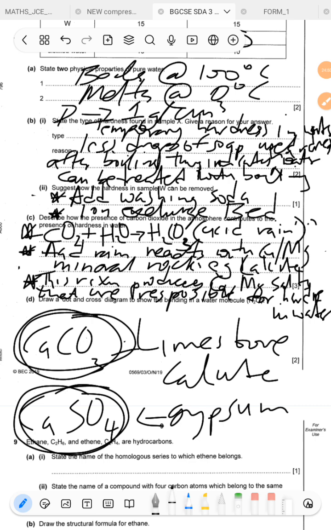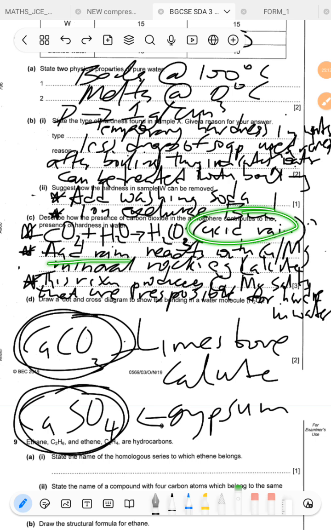The first step is that the carbon dioxide reacts with the water to form carbonic acid, which is responsible for the acid rain. And then secondly, that acid rain reacts with what?